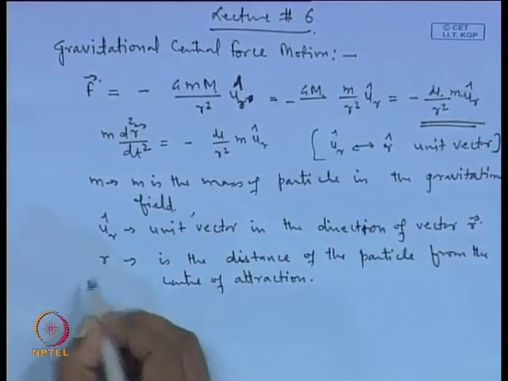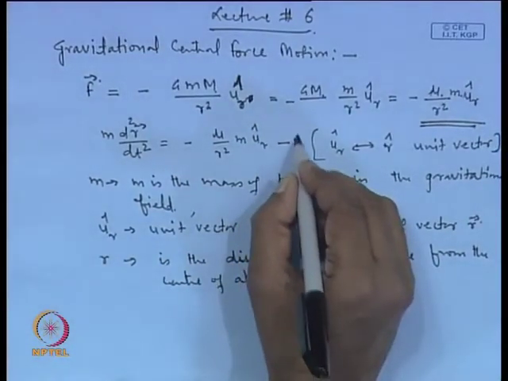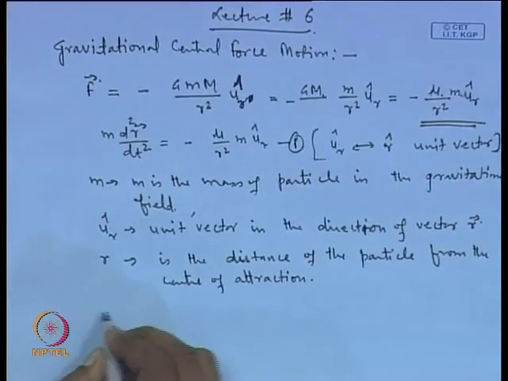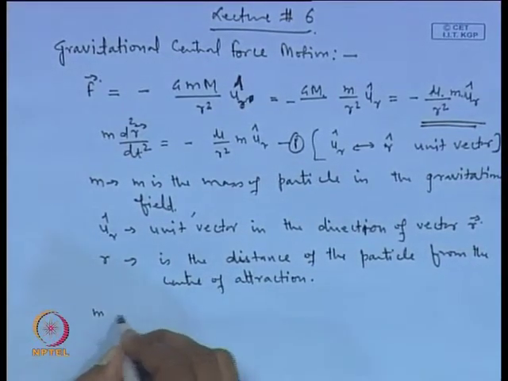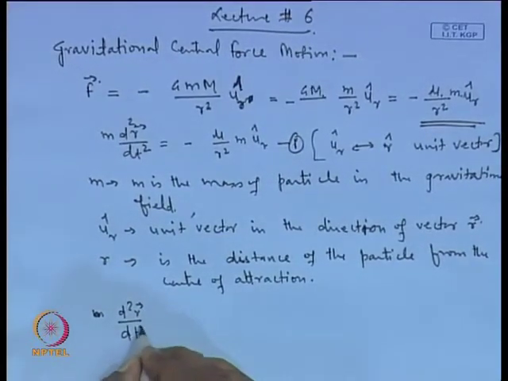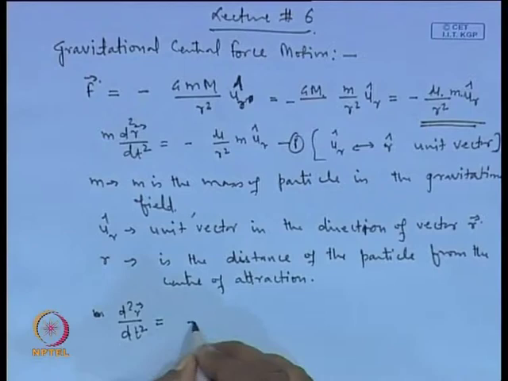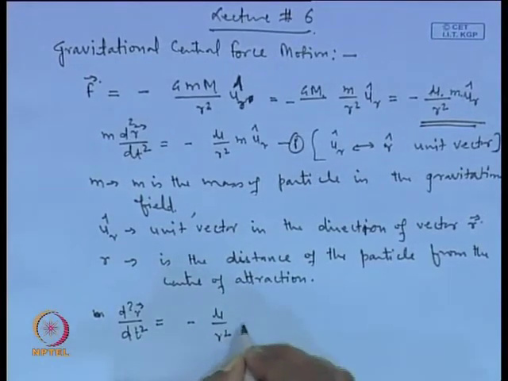So, therefore, equation 1 can be written as d square r by dt square equal to minus mu by r square u r cap.